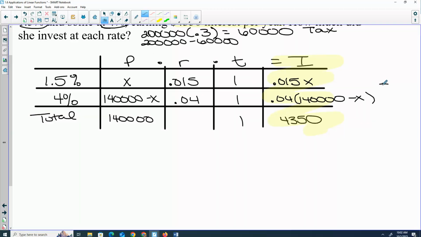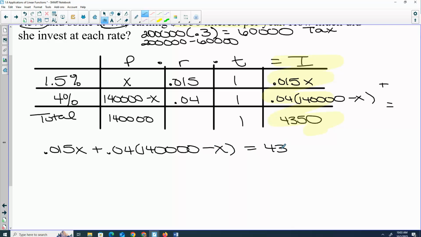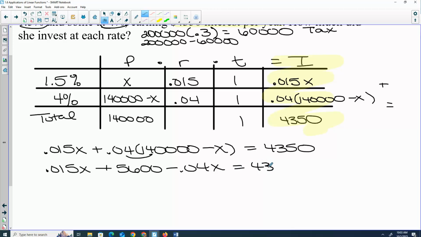You add the first two to equal your total. 0.015x plus 5,600 minus 0.04x equals 4350.